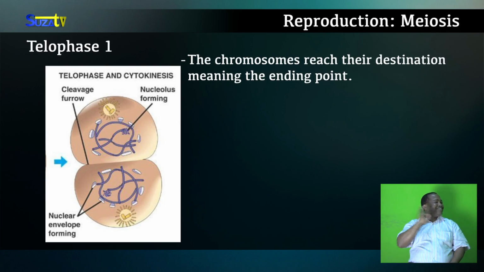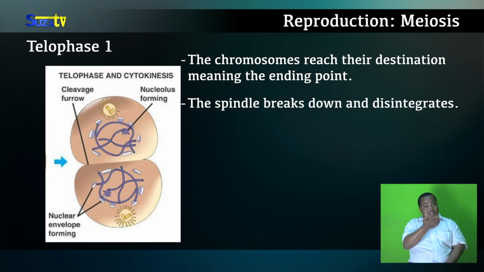The chromosomes reach their destination, I mean, the ending points. Thus, the spindle breaks down and disintegrates. My dears, can you tell me why this happens in this stage?